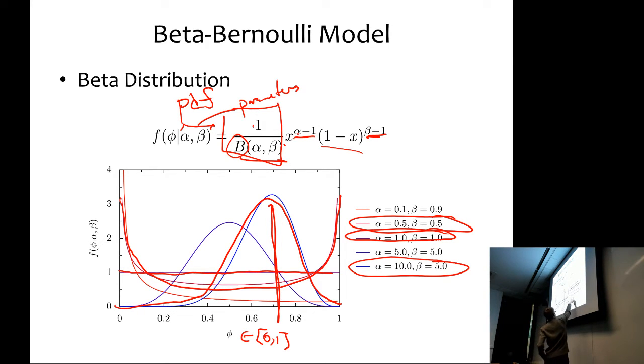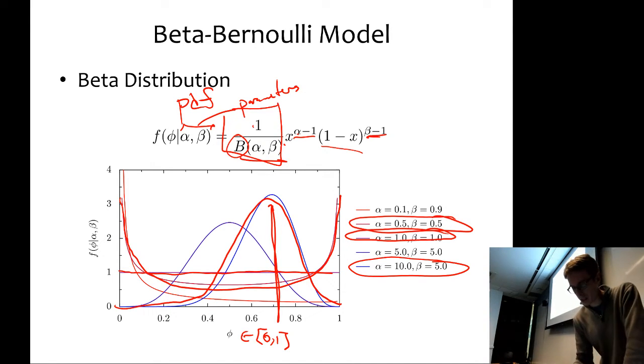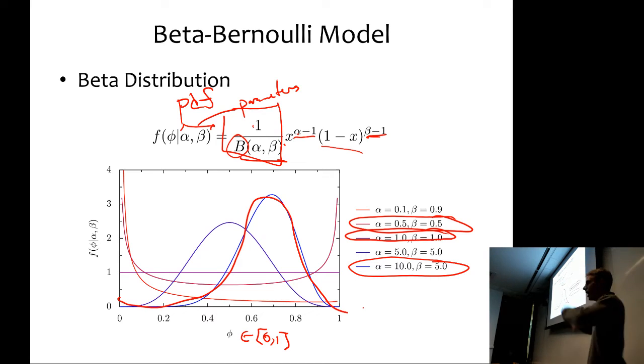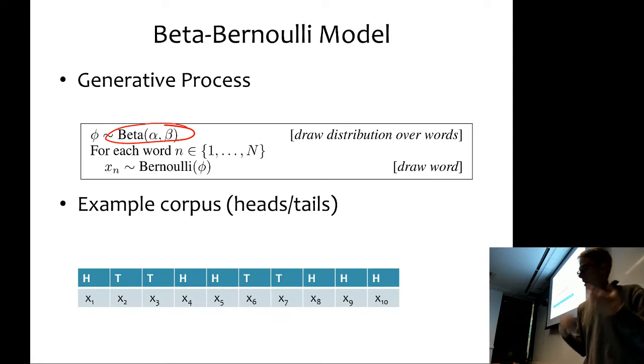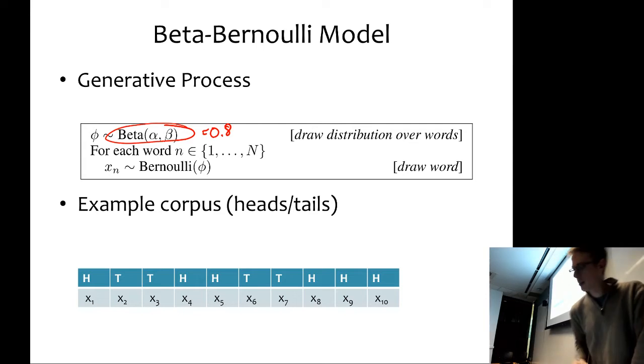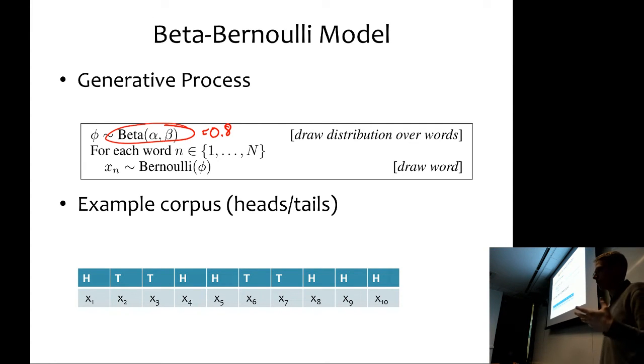Let's suppose we picked alpha equal to 10, beta equal to 5. Then we would be sampling from this tall distribution here, this blue one. And with high probability, phi is going to come up in that 0.6 to 0.8 range. So we sample phi, and maybe we get back that phi is equal to 0.8. Now we're going to generate a corpus of length n.